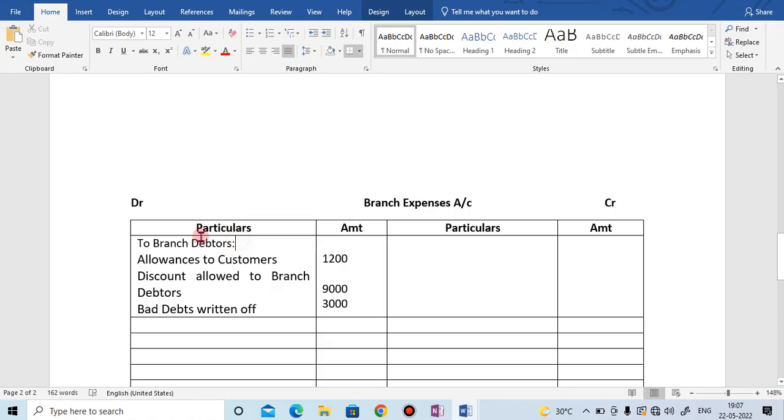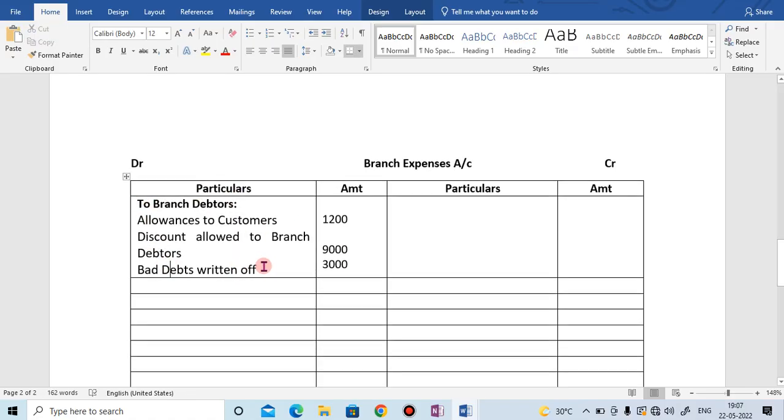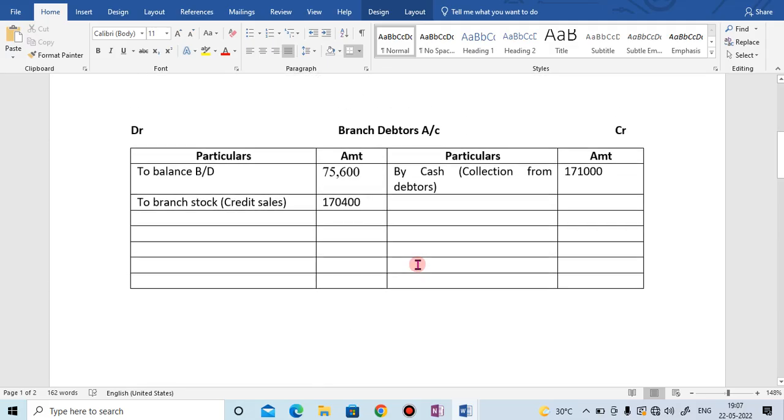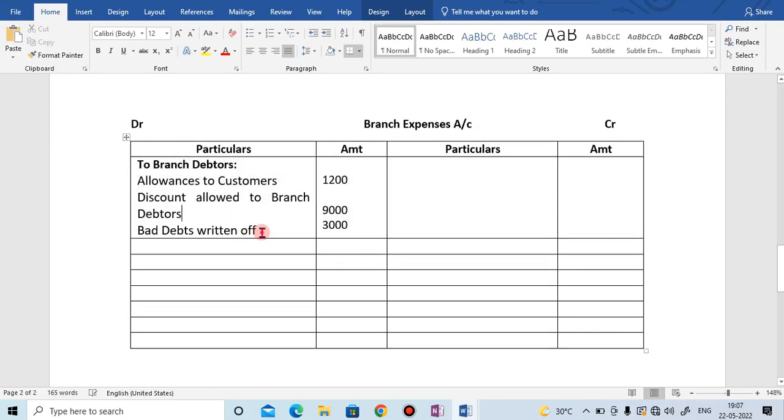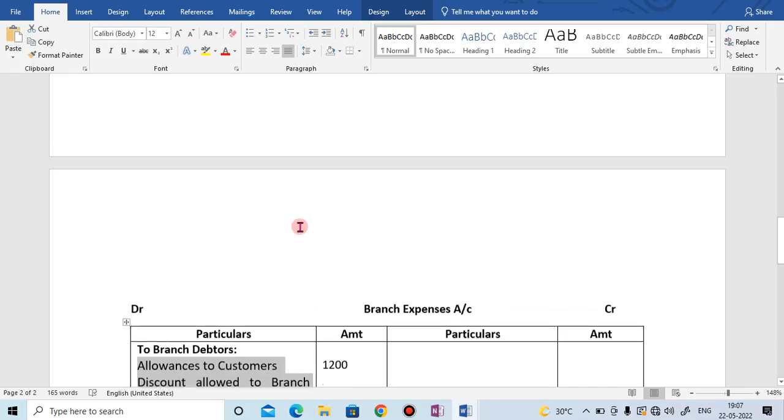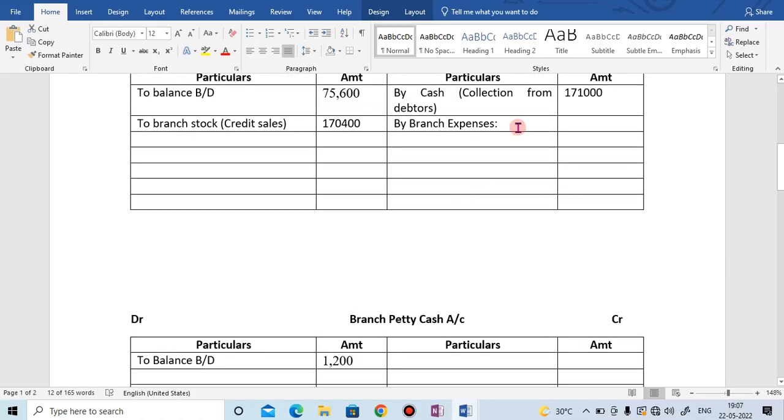Okay. Now, second effect of allowances to customer, discount allowed to branch debtors, bad debts will come in branch debtors account, by branch expenses.